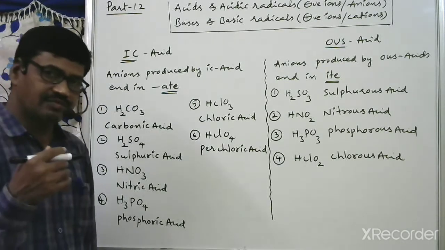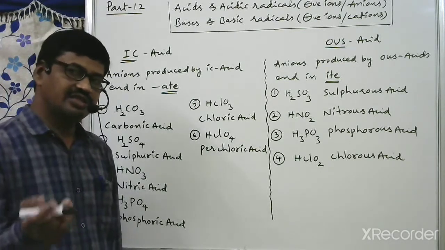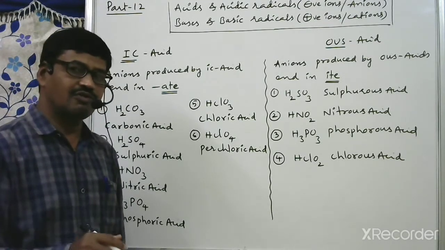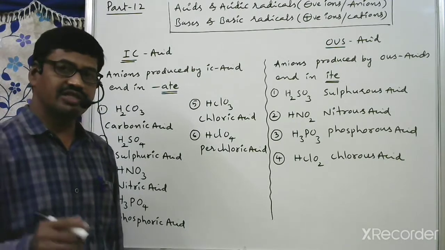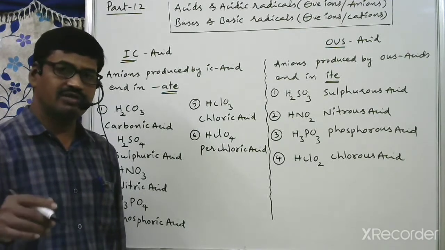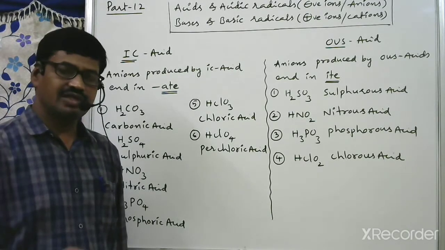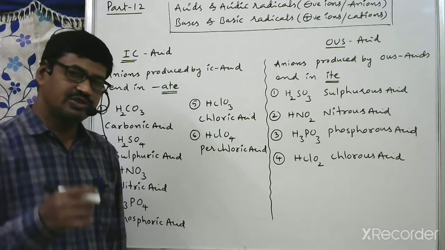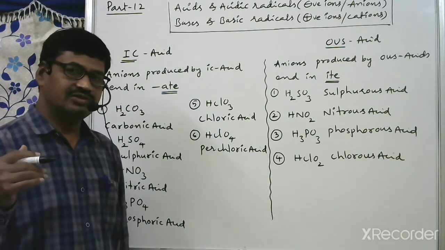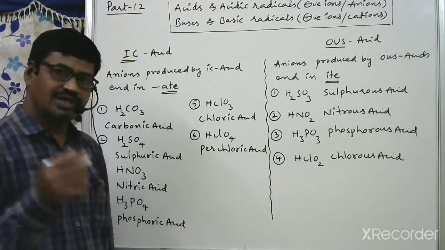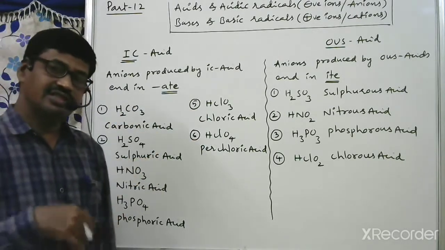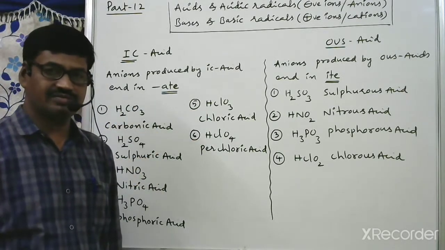If I pronounce like this, then immediately in your mind you have to write the formula. What is the formula of calcium bicarbonate, magnesium bicarbonate, aluminum sulfate, or aluminum phosphate? You should write the formula in your mind only. If you write formulas in your mind using these pronunciations, then it is easy to understand further concepts.